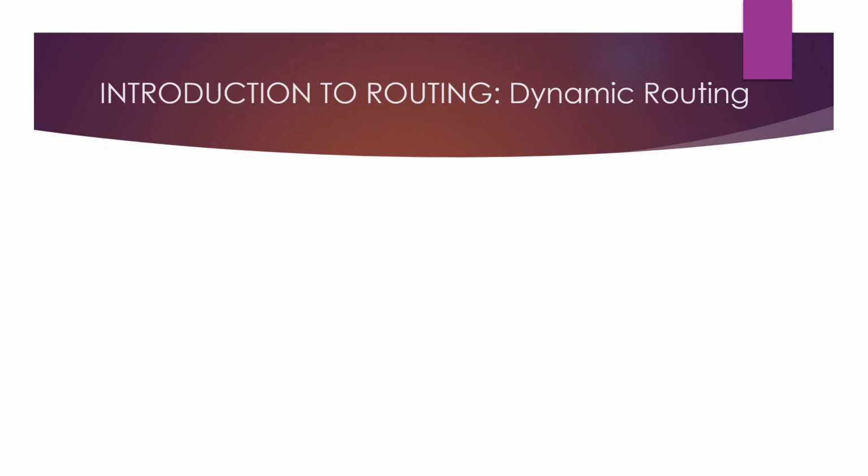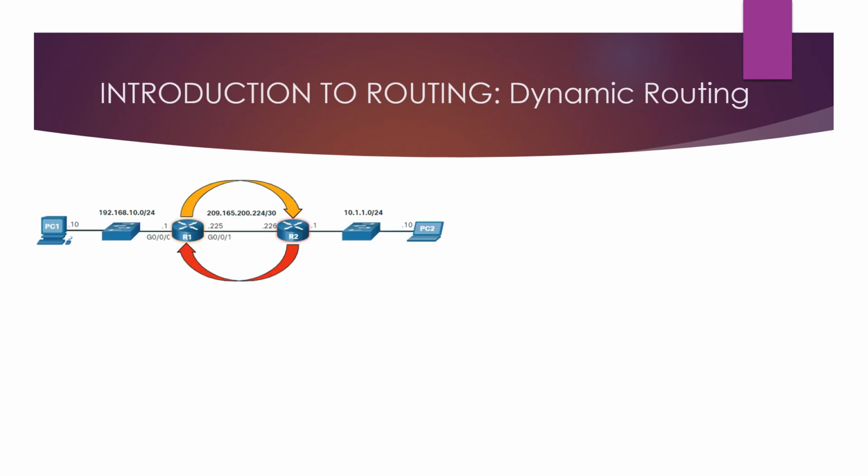And if there is a change in the network topology, routers share this information using the dynamic routing protocol and automatically update their routing table. Dynamic routing protocols include Open Shortest Path First and Enhanced Interior Gateway Routing Protocol.